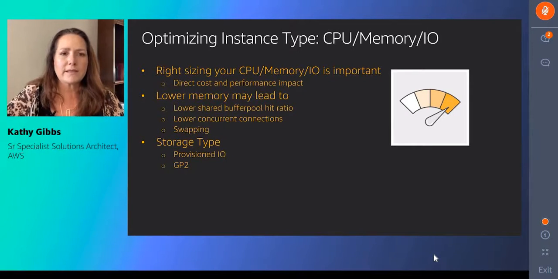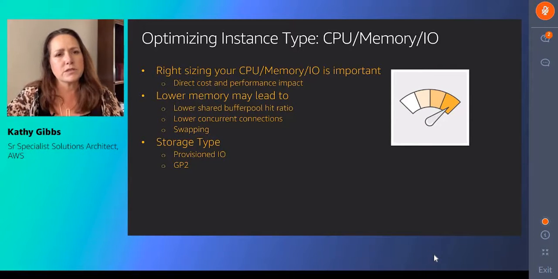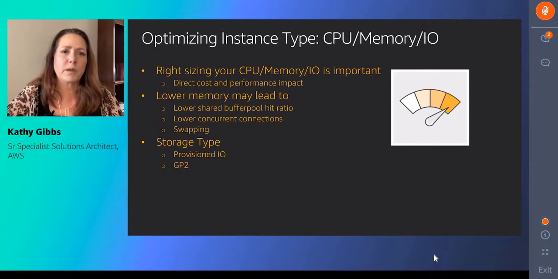Lower memory, right? This is obvious with relational databases. A lower shared buffer hit ratio, right? But we can also see here that there are times that I can play around with the memory. So maybe an M class, which is a general purpose instance, or I can use an R class, which is more memory optimized.